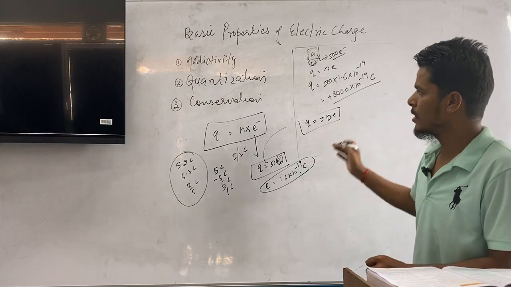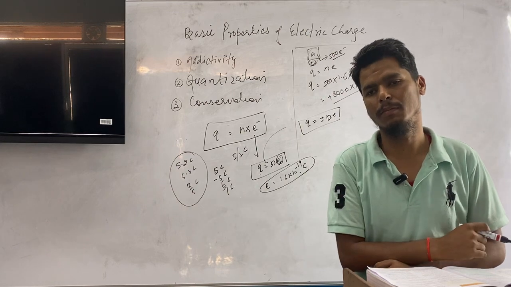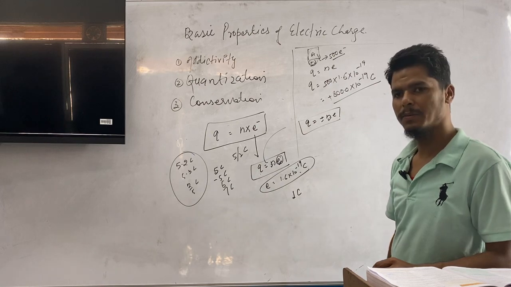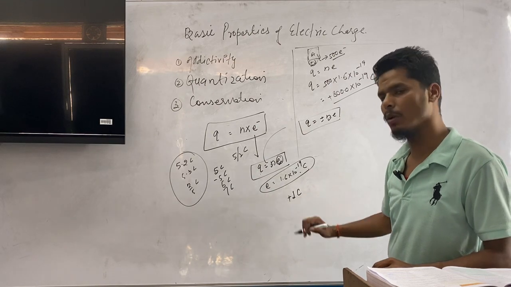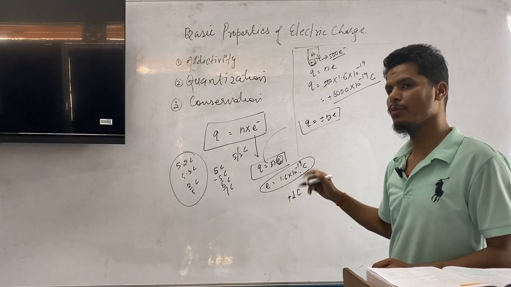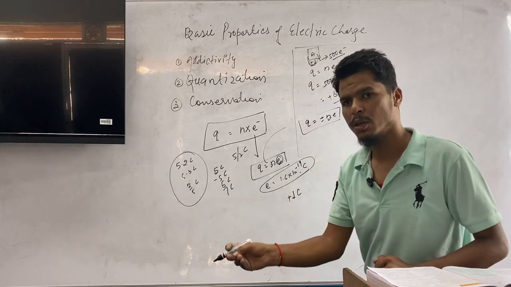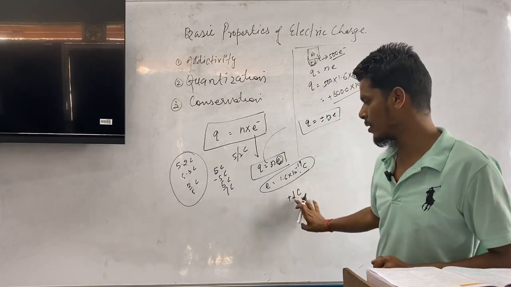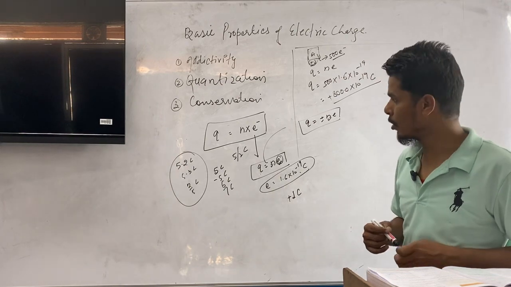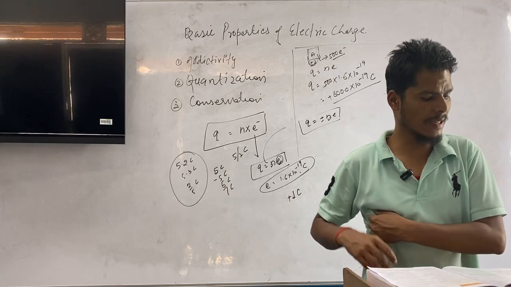So if somebody says a body has a charge of 1 coulomb, that is positive 1 coulomb, that means it released some electrons, it lost some electrons. If we want to find how many electrons a body lost to have a charge of 1 coulomb, we can find it. I will tell you later, in the next class, not now.